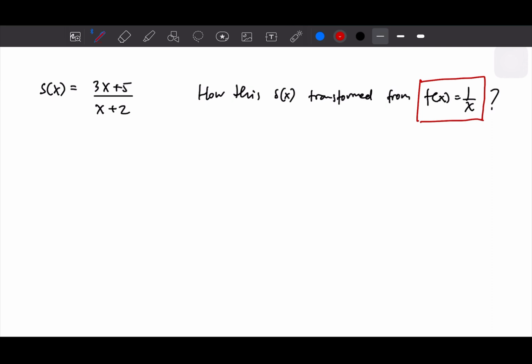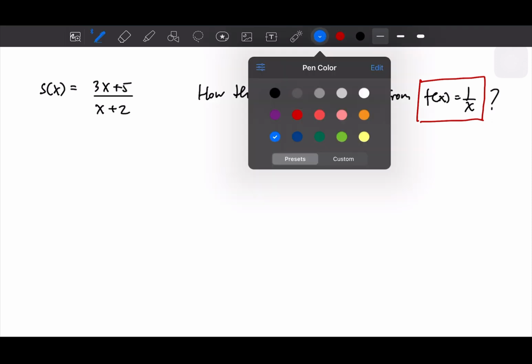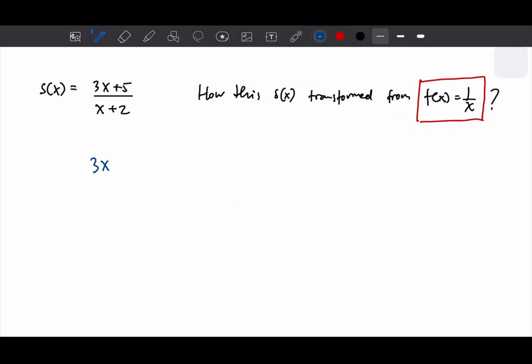Now I think we could just do the long division to rewrite the form, and this is one useful method that is still applicable when you learn calculus. So let's solve this.